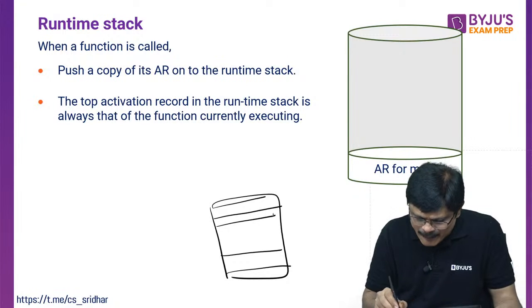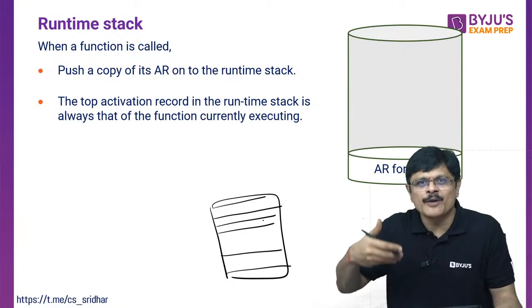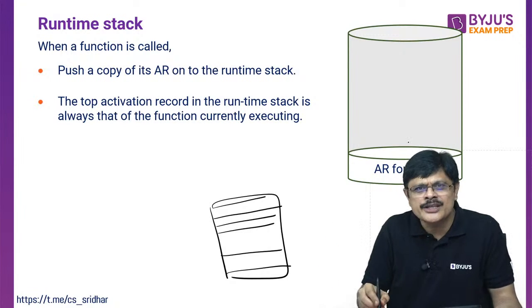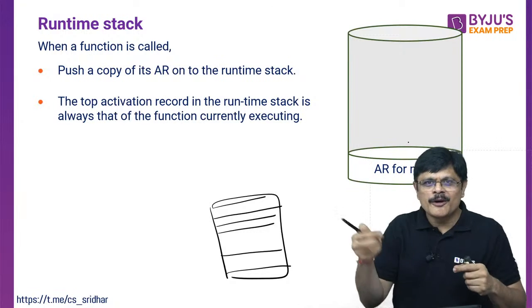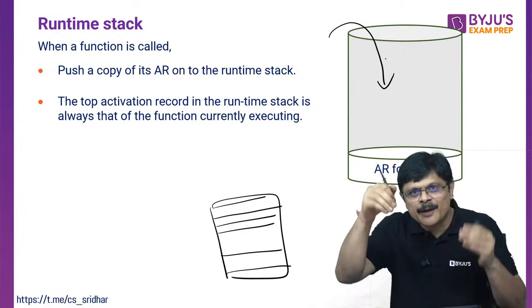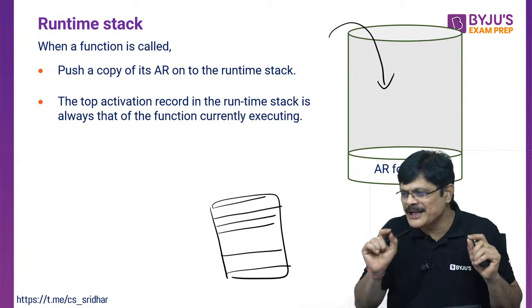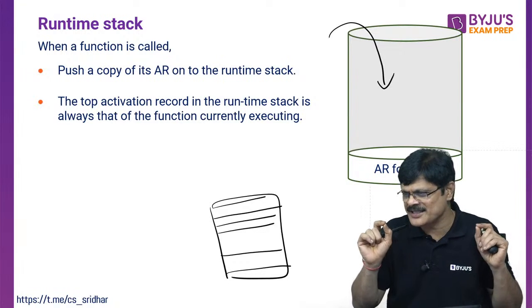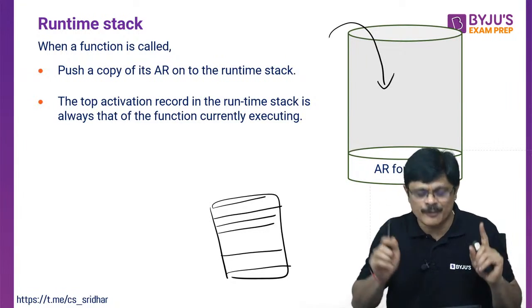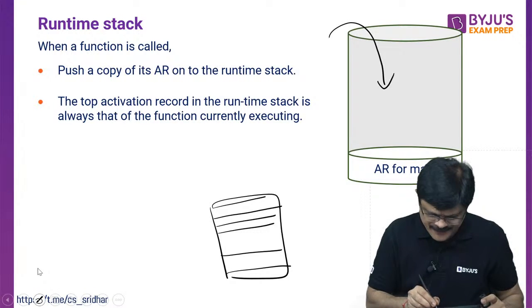The stack segment may be growing from lower address to higher address. But logically, I am just showing the activation records being pushed onto the stack like this. This is just a logical view, not a physical view. Please try to understand that point.